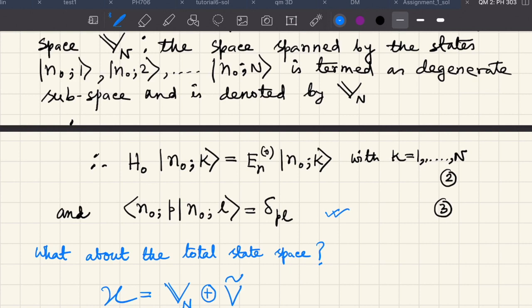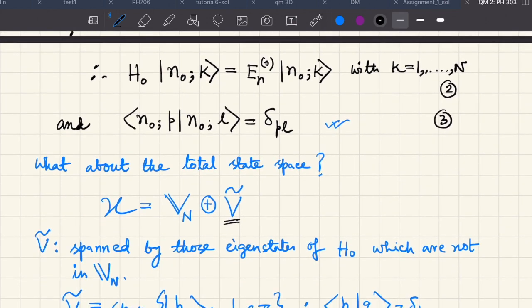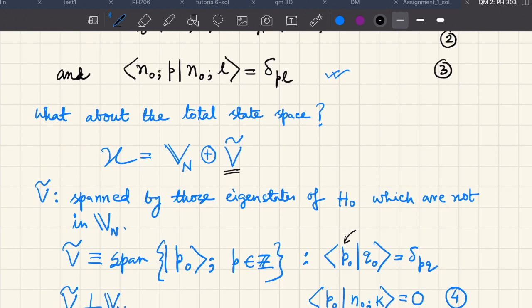And then we ask the question: okay, I have a system, some states in which are degenerate, but what about the rest of the state space? For that we introduced this V tilde space, which is spanned by those eigenstates of the unperturbed Hamiltonian which are not in Vn. We denote these states by ket P naught or bra P naught. Note the notational differences here.